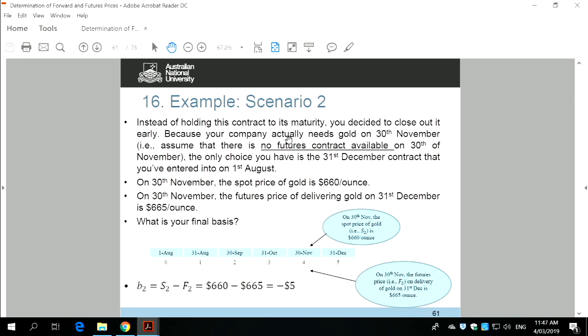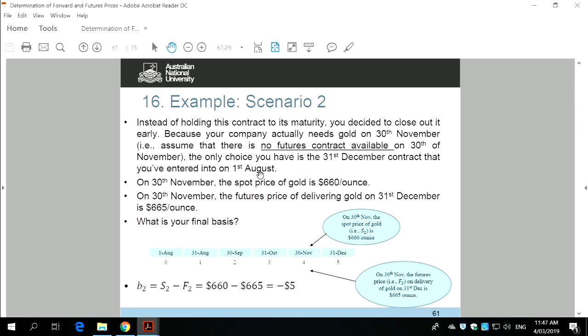However, because of the standardized nature of the futures contract, let's assume there's no futures contract available on 30th of November. So the only choice you have is the 31st of December contract, because that's the one closest to the need, the date that you need the gold. So the only choice you have is the 31st December contract that you entered into on 1st of August.